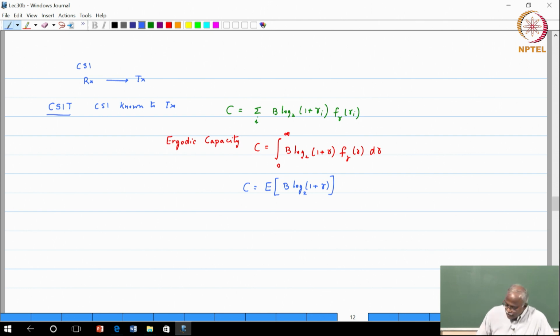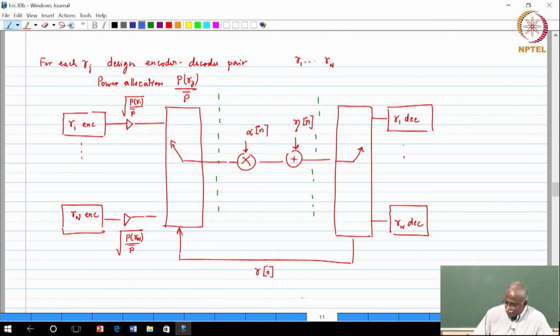What this says is that I can feed back the information, I can choose the appropriate capacity, and I can then transmit it. So, here is a summary statement of what we have done so far: find out what the SNR is, and then compute the capacity. Assuming this information has been communicated to the transmitter, we can then achieve the ergodic capacity.